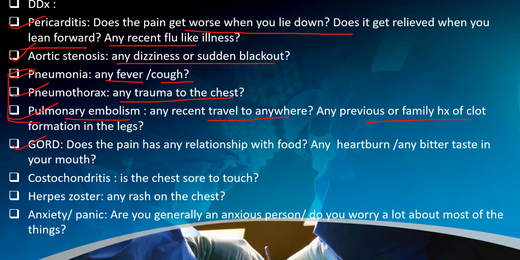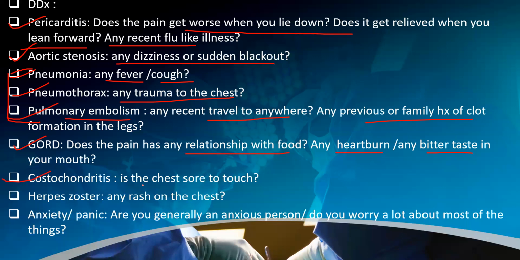Then go to the GIT system. For reflux or peptic ulcer disease, does your pain have any relationship with food? Any heartburn or frequent burping, indigestion? Any bitter taste in your mouth? Go to the musculoskeletal system, costochondritis.